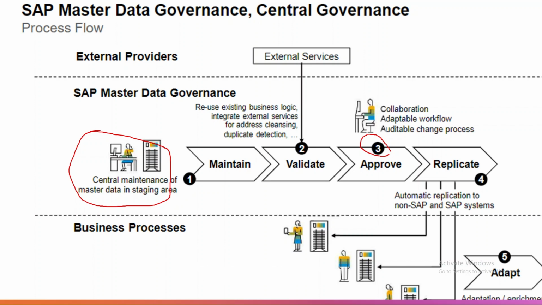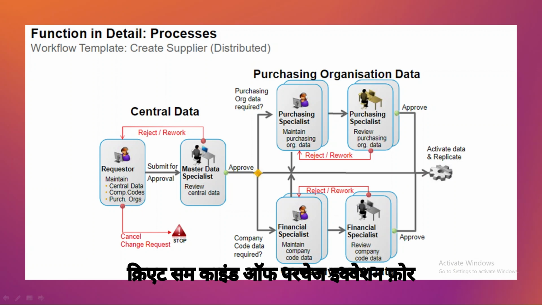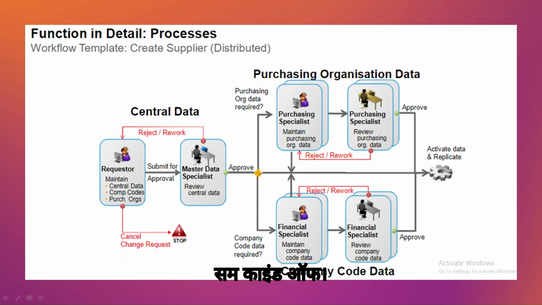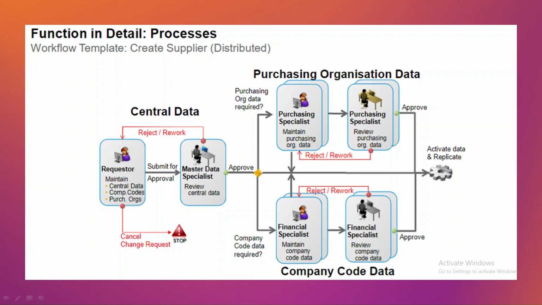I took one example: suppose you want to create a supplier. What kind of workflow process can be followed in master data governance? Suppose someone in a plant requests to create a supplier for a company code or purchasing organization, and they want to maintain this data.